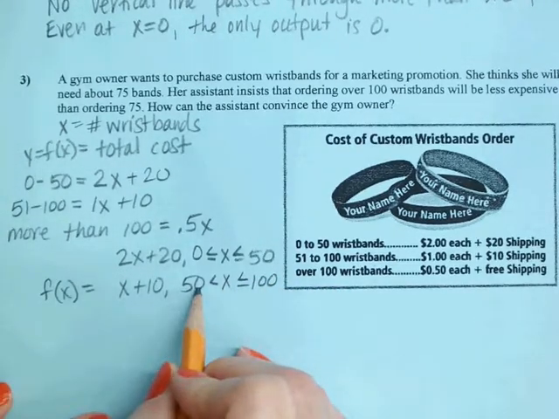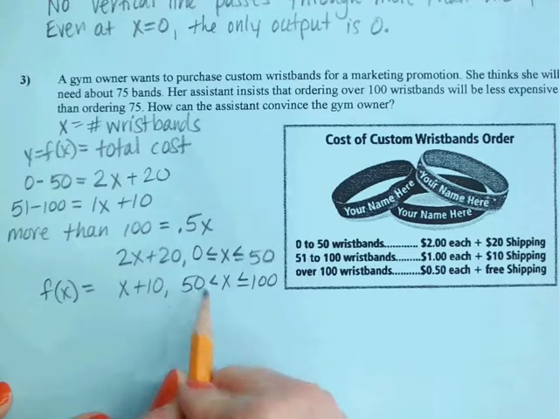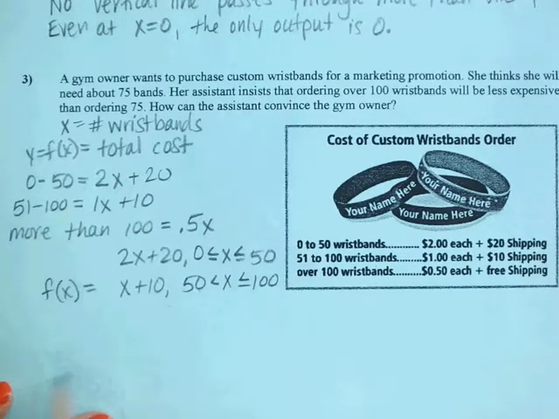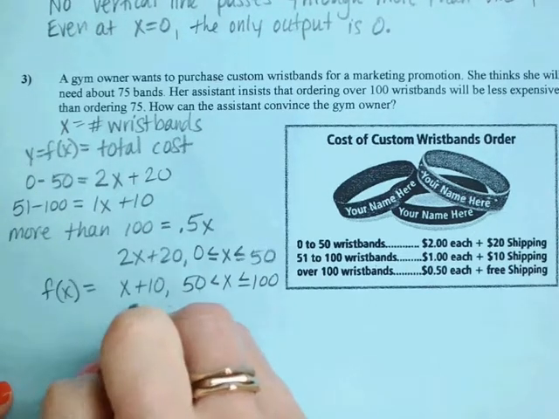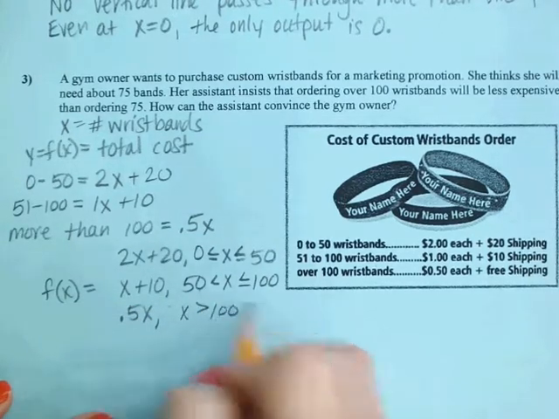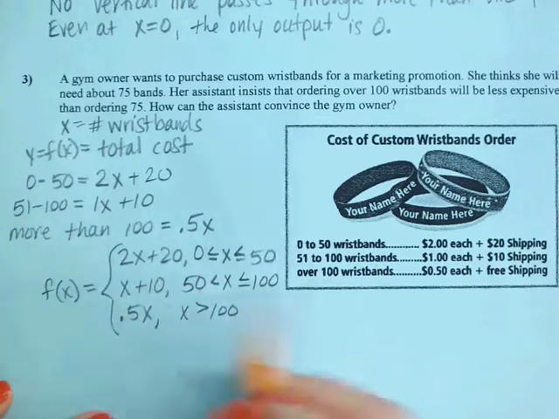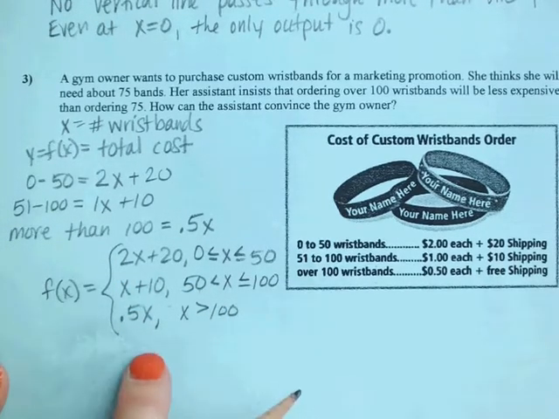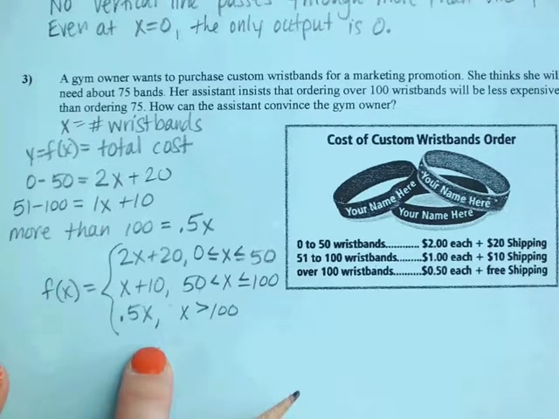So this is all of your x values greater than 50. And then the last one, 50 cents, and this is for all of them greater than 100. Then we use the curly bracket to signify that it is a set. Okay, so this is what I'm looking for when I ask you to write a piecewise function, just like this.